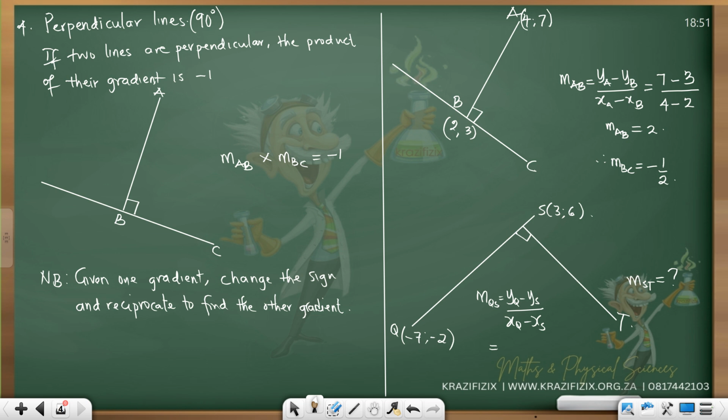The Y value of Q is -2 minus the Y value of S is 6. X value of Q is -7 minus 3. What will this give us? It would give us -8 over -10, which is 4/5. Lovely. Okay, guys, you are correct. Now we change the sign and reciprocate. Beautiful.